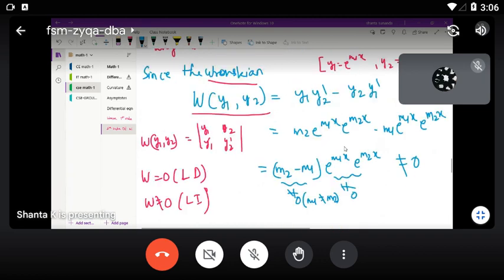How will you get to know whether the solutions are linearly independent or not? You can find the Wronskian.